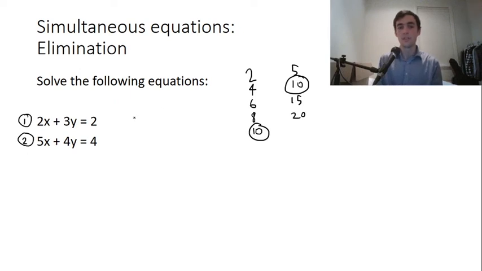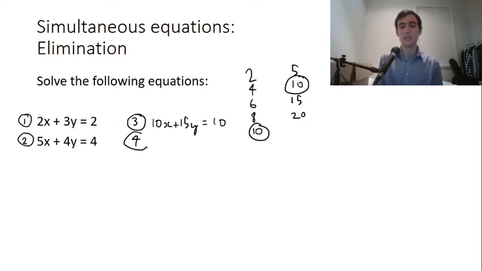So equation number 3, we'll multiply this all by 5 because I have multiplied 2 by 5 to get 10. So we'll have 10x plus, we'll times this by 5, 15y equals, times this by 5, 10.